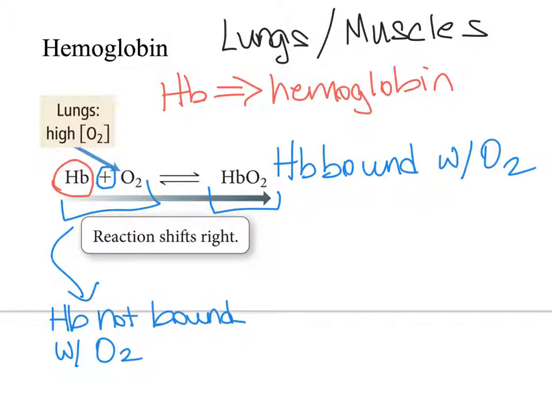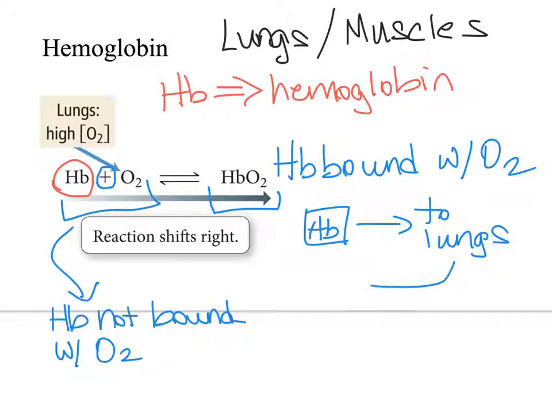Okay, so this is one of those circumstances where it's good for the reaction to occur in equilibrium, because there are times when hemoglobin is transported back to the lungs and it does not have oxygen. It's delivered the oxygen to the muscles. So when it goes back to the lungs, you have more Hb, and you want those proteins to be able to pick up the oxygen in the lungs and carry it back to the muscles.